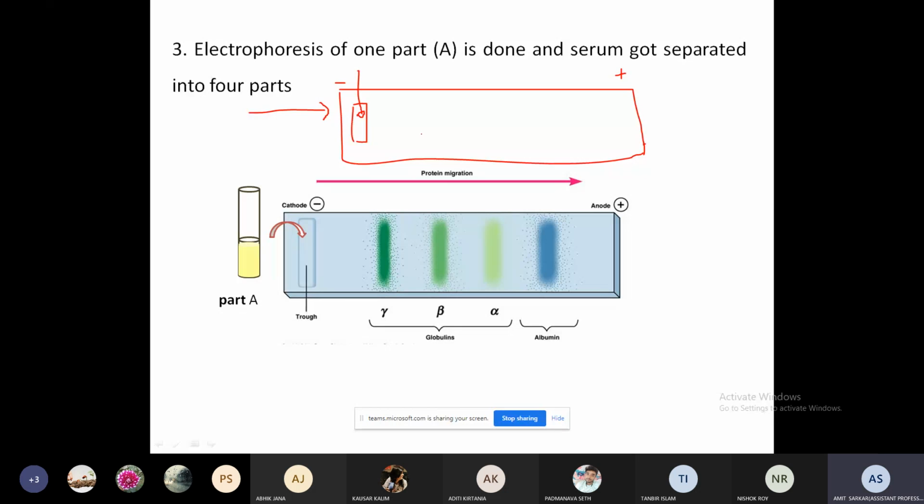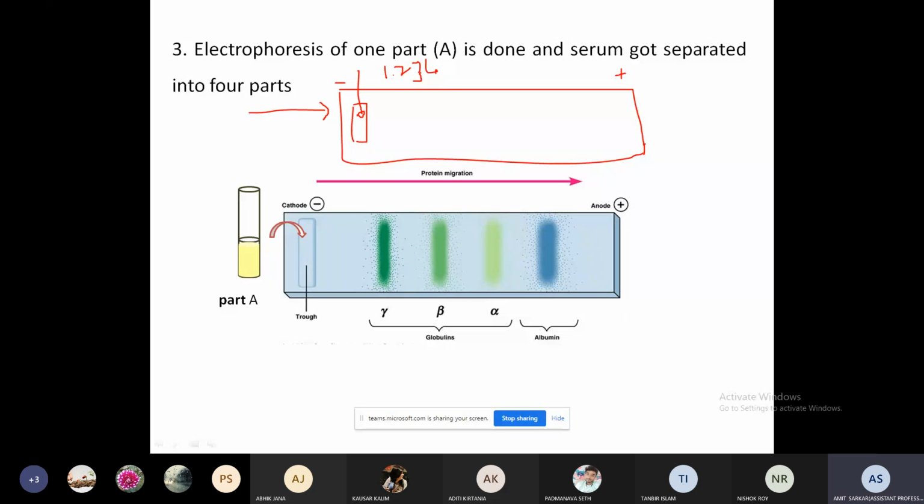But here, as they are all experiencing the same electrical force, this mixture of sample could have, say, 1, 2, 3, 4 different types of compounds, and all of them are not of equal molecular weight. Their molecular weights are different.